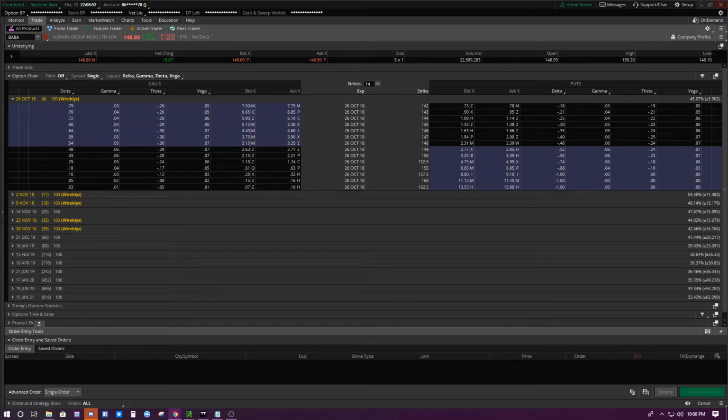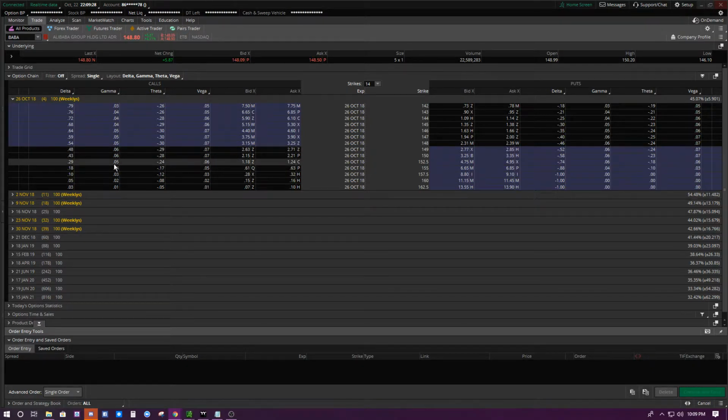Then you have gamma. Gamma is what actually tracks the delta. Remember, it's lower down here, and as it goes up, delta goes up with it.